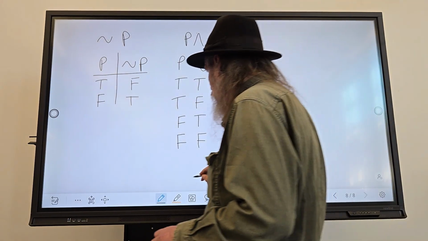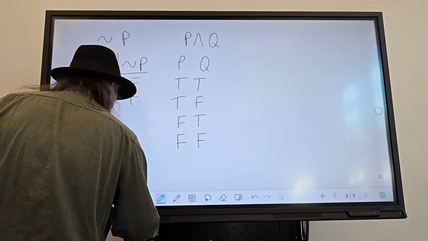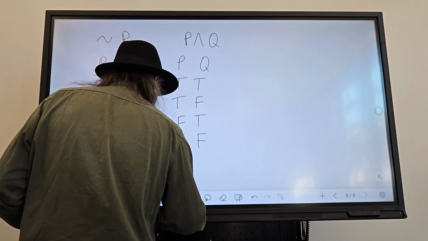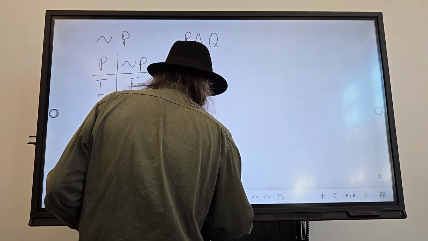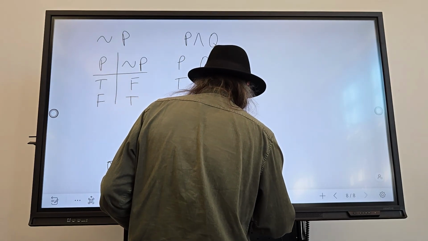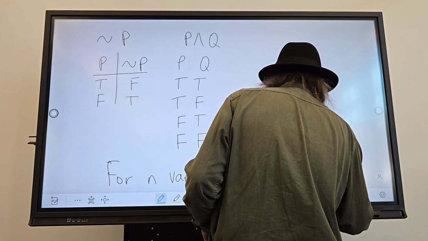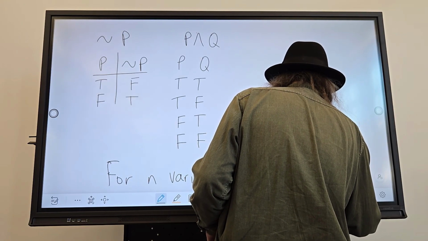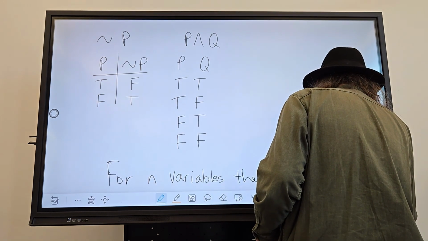In fact, for n variables, there are 2 to the n combinations.